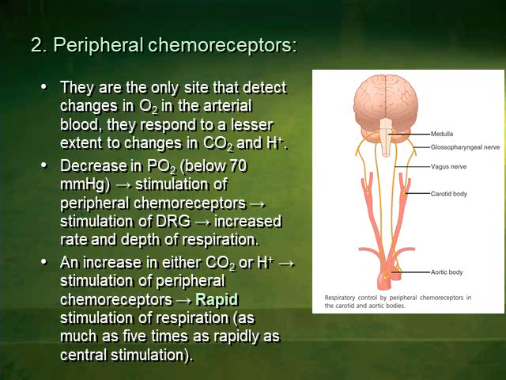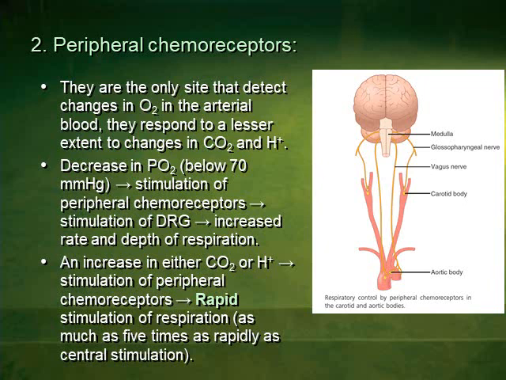And here we notice that the peripheral chemoreceptors have been designed to do this. That's to say, they start to detect the change in oxygen concentration when it goes below 70 millimeter mercury.